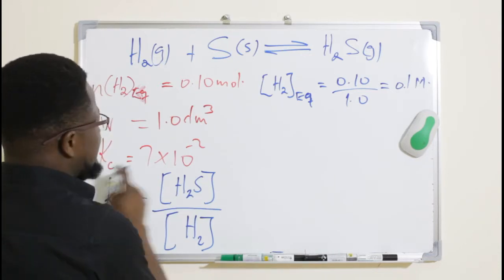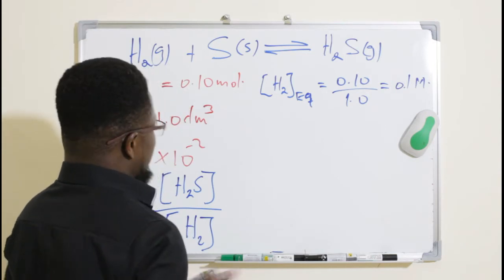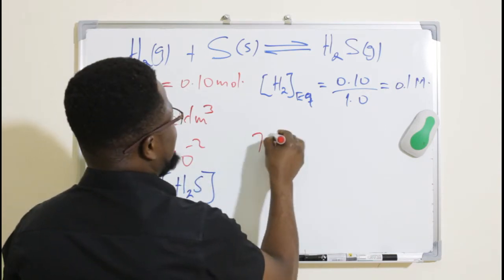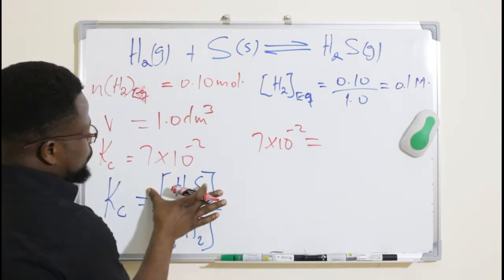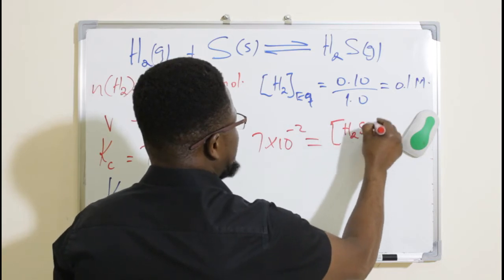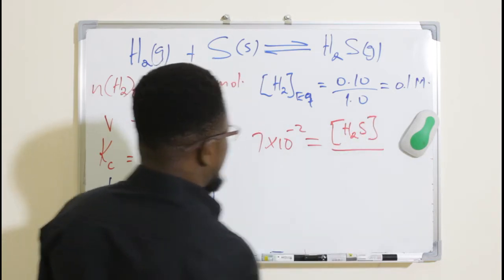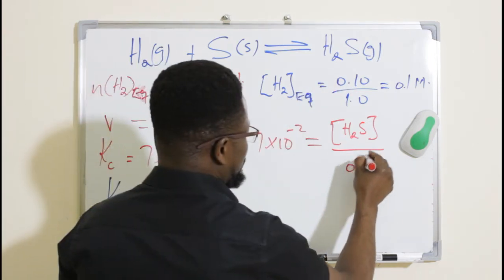So this Kc is given as 7 times 10 to the power negative 2, and that will be equal to this which is not known, H2S, divided by this which is known to be 0.1.